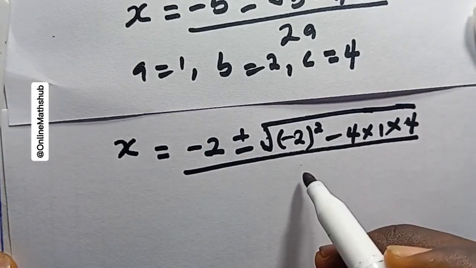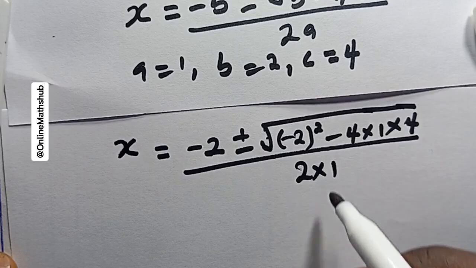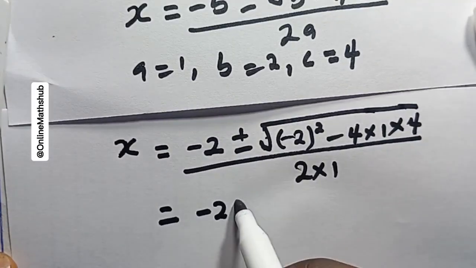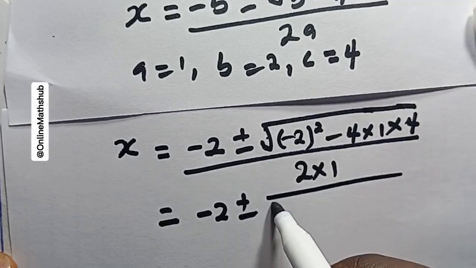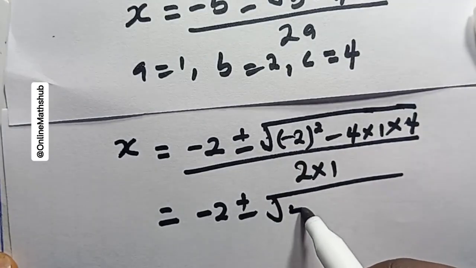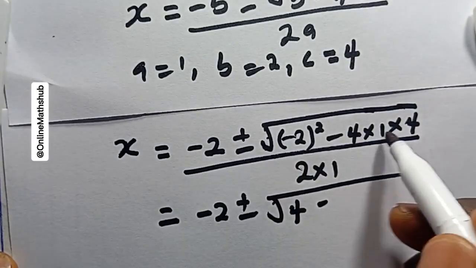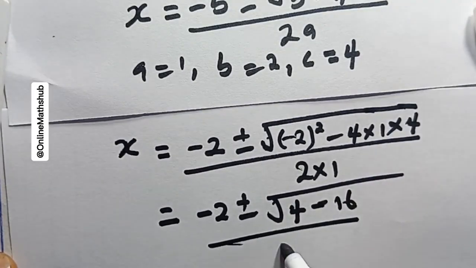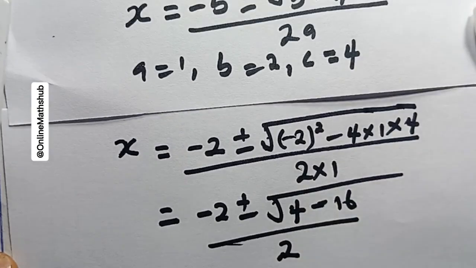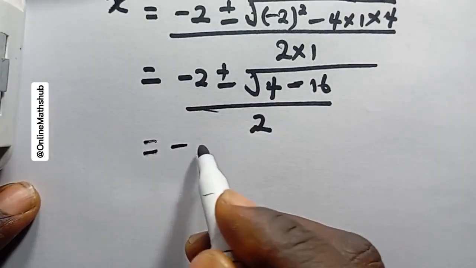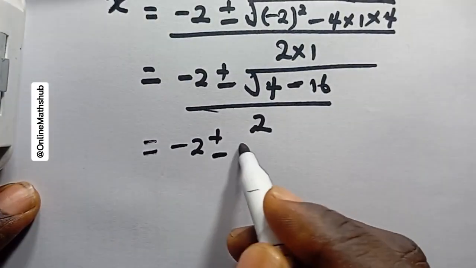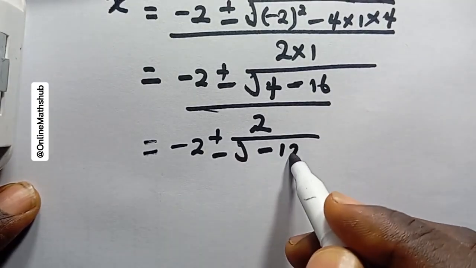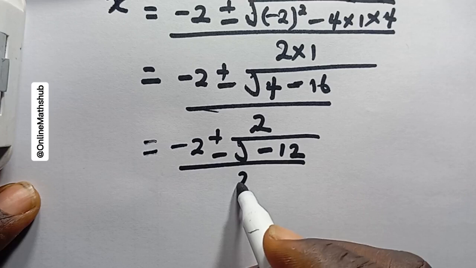All of this will be divided by 2 times a, which is 1. Moving on, this will be equal to minus 2 plus or minus the square root of 2 squared, which is 4, minus 4 times 1 times 4, which is 16, and then divided by 2 times 1, which is 2. What I will have is minus 2 plus or minus the square root of 4 minus 16, which is minus 12, divided by 2.